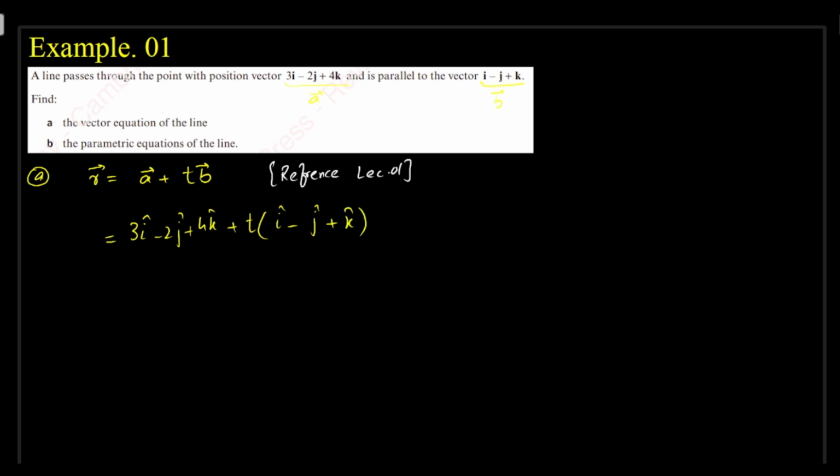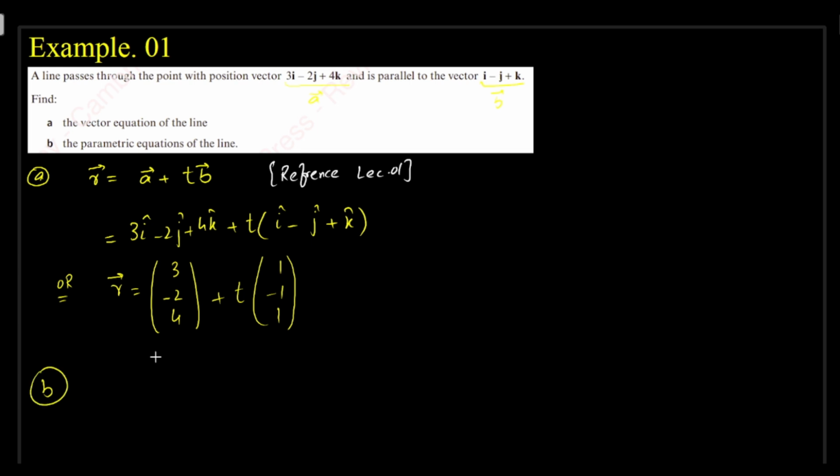So this is the required vector equation of the line, or we can write it in column vector form as r vector equals (3, minus 2, 4) plus t times (1, minus 1, 1). Note that both the forms are acceptable. So if someone writes in the ijk unit vector form or in column vector form, both the forms are accepted in exams.